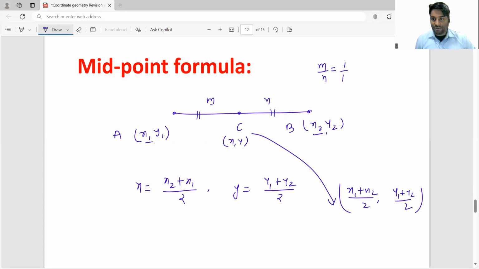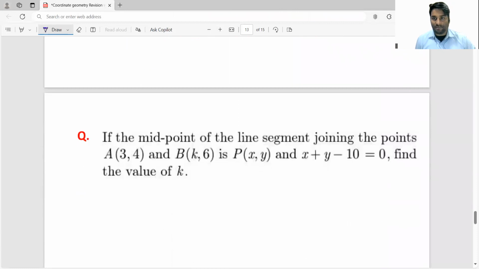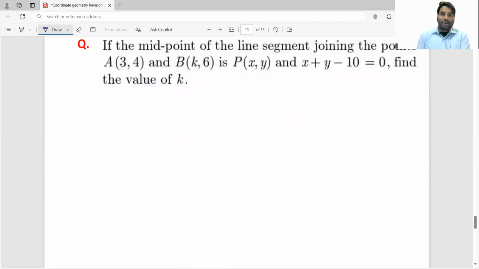Okay, now based on this, let's have a question. If the midpoint of the line segment joining the points A and B is P x comma y, and x plus y minus 10 is equal to 0, find the value of k. So we have 2 points, A 3 comma 4 and B k comma 6.